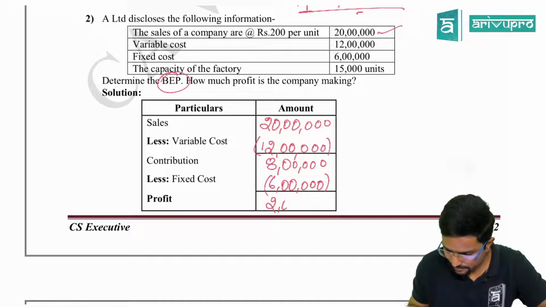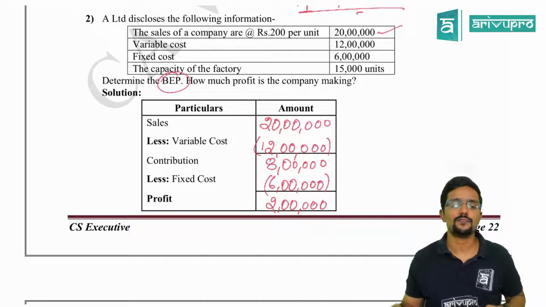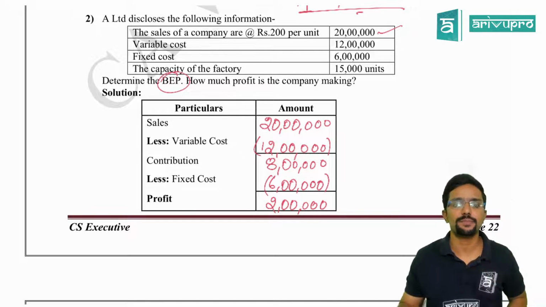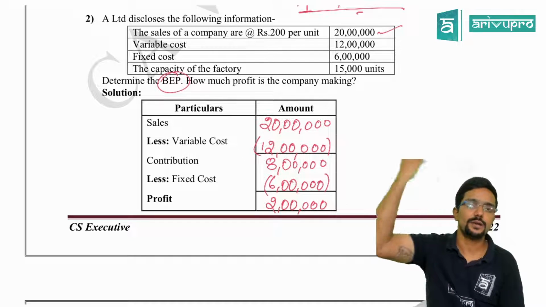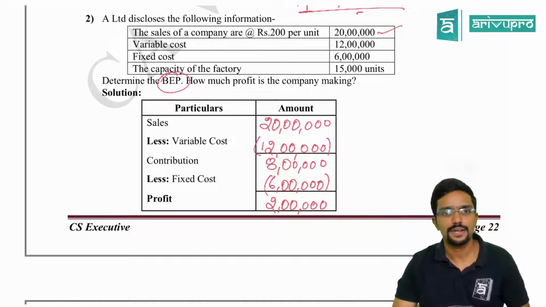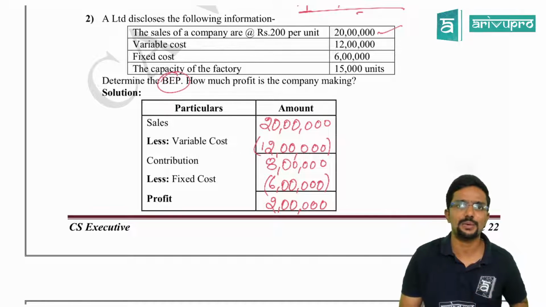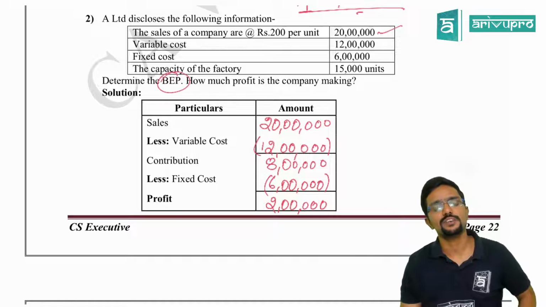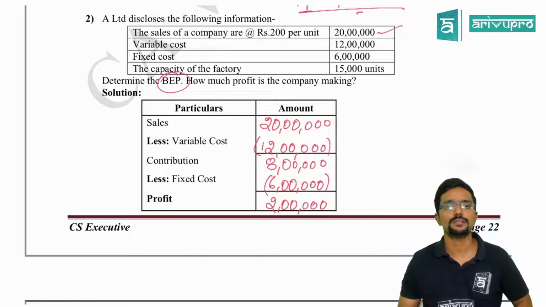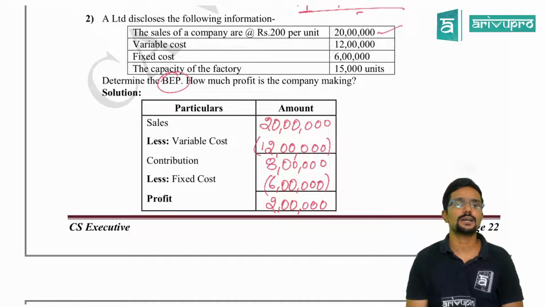Two lakh is my profit. That means company has already reached their break-even point and they have gone much above the break-even point. Agree? Now I want to know what is the break-even point, which will obviously be less than 20 lakh, guys, because by making 20 lakh sales, the company has already earned 2 lakh profit. So that means my break-even sales will be less than 20 lakh.